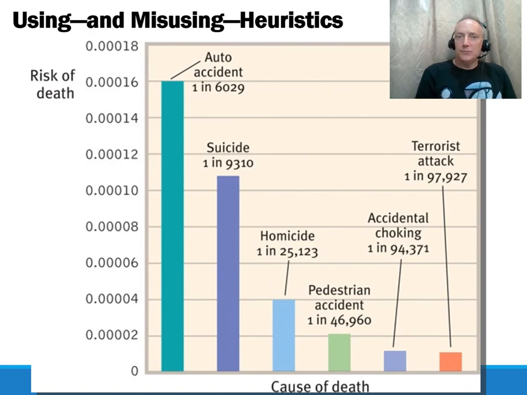People who were using the availability heuristic thought it was really more risky than it really was. And they judged the risk to be rather high risk. And then they showed the people the actual data. You can see it's very unlikely someone's going to die from a terrorist attack. What you should be really concerned about is simply driving to school and work, because auto accidents are still the leading cause of death.